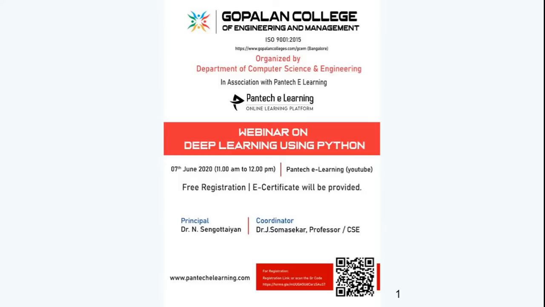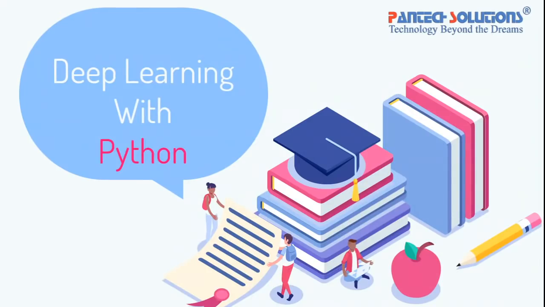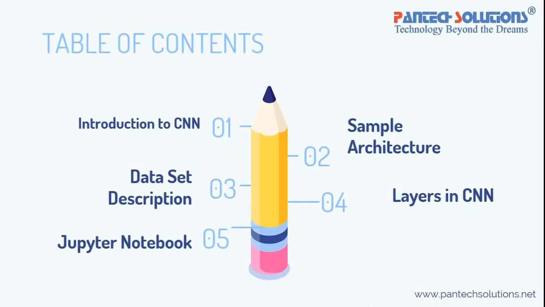Today we are going to see deep learning, how to use deep learning using CNN. CNN is nothing but a convolutional neural network. This is the content we are covering in this session: introduction to CNN, sample architecture of CNN, and dataset description.